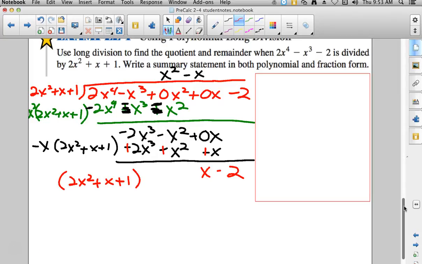We've gotten to a point here where we can't do anything else with this because we can't multiply 2x squared by something nice that would make that x minus 2. So this is just going to be a really ugly little remainder over our trinomial. So fraction form is exactly what we have up there.